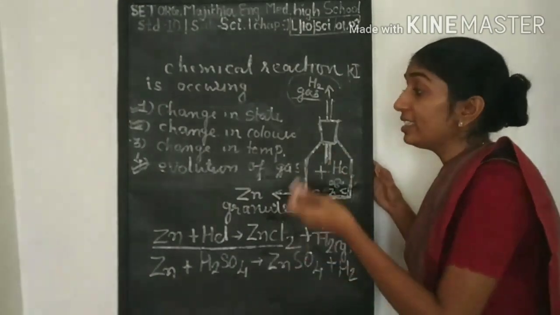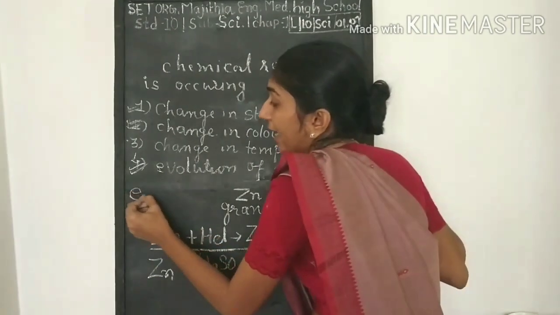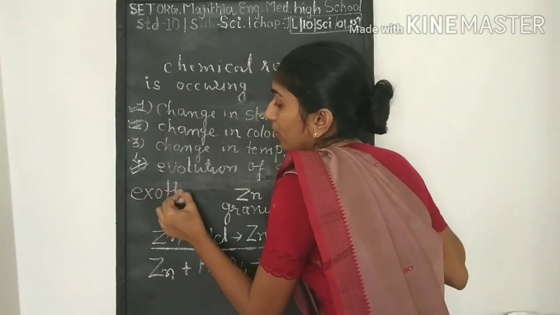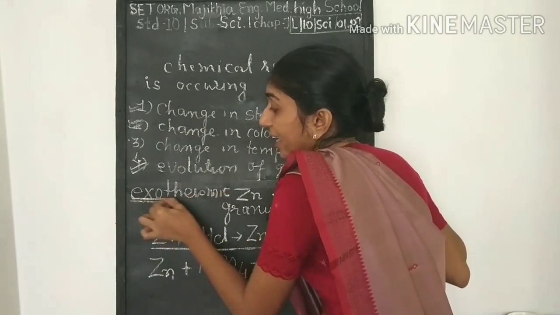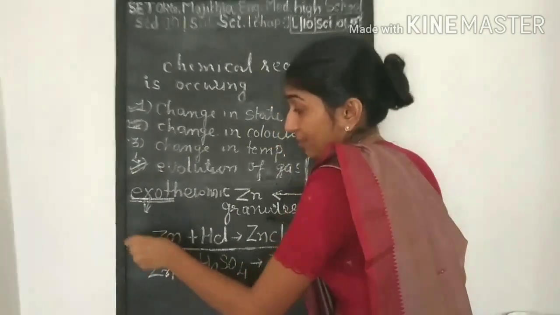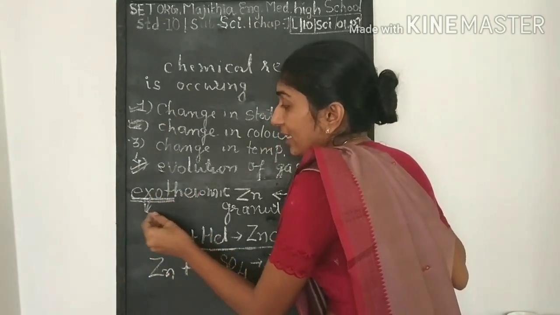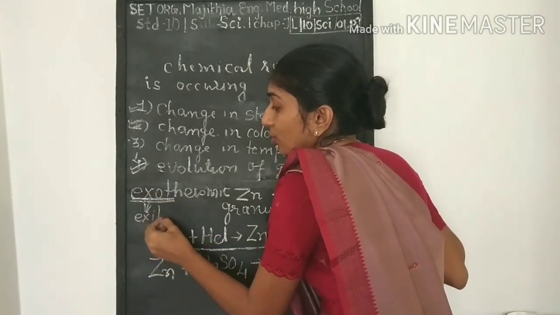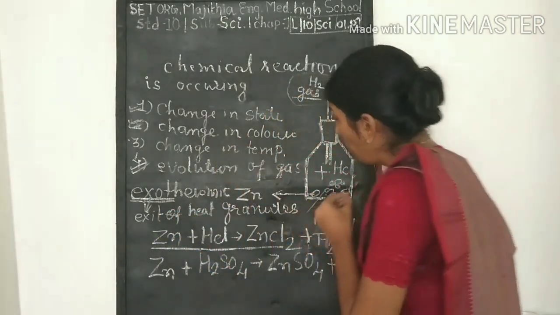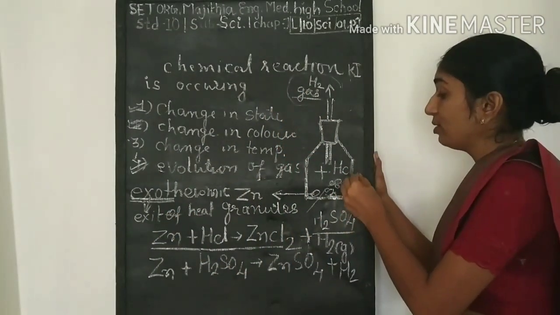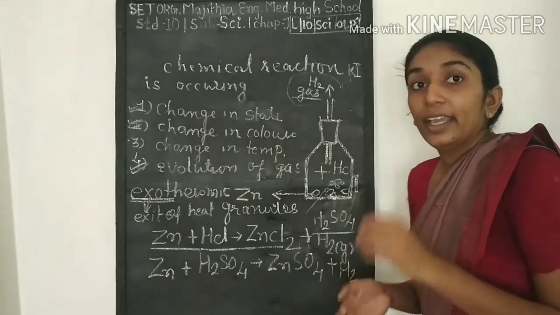This means this reaction is exothermic. Exothermic is a reaction which exits heat. Therm means heat. Exit of heat. So you will see the surface of this flask is hotter.